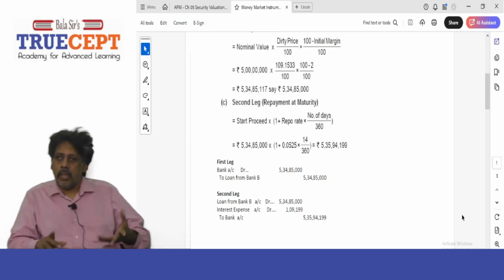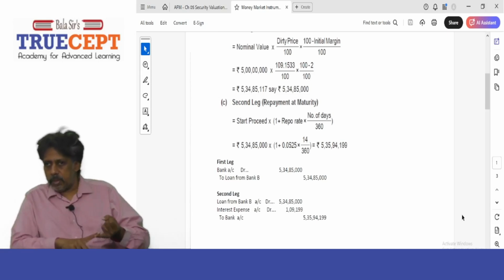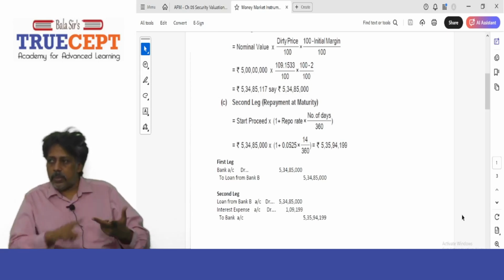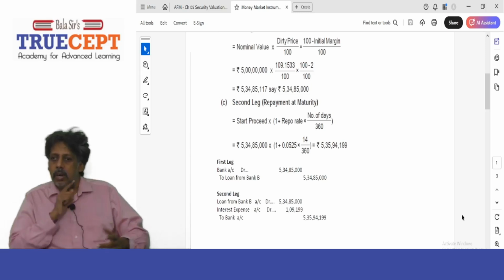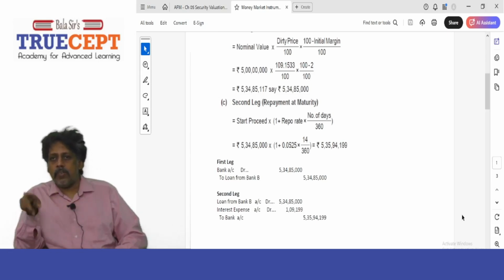Just see the entry. Loan from bank B, nothing but the financial liability account, debit, and then interest expense account debit, to cash or bank account. The cash going out will be rupees 5 crore 35 lakh 94,199. Is that clear? Yes.